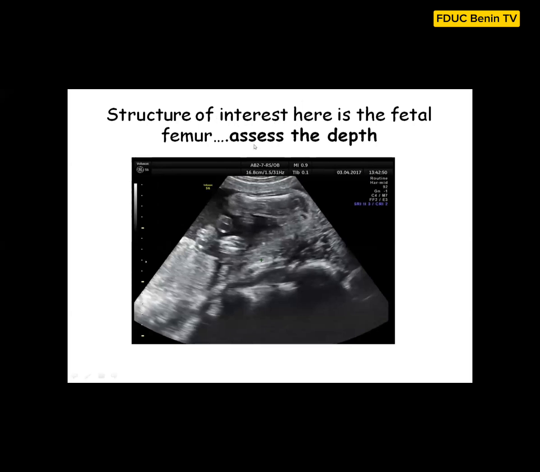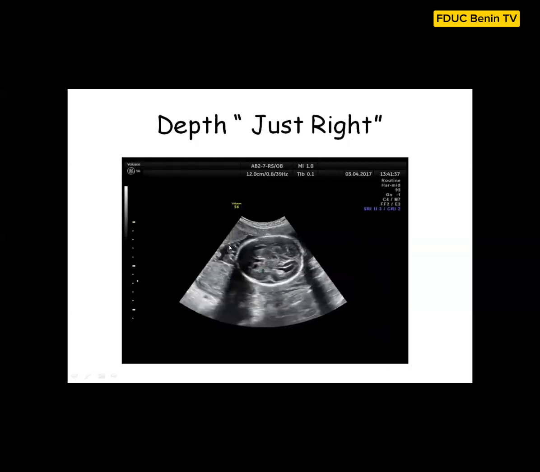Okay. See, look at this again. The structure of interest here is the fetal femur. Look at where it is. It's high up. Why? Because of the depth. Again, the depth is too much. You need to reduce this depth so that this structure will be within 3/4 of the screen of the image. Okay, now look at this.